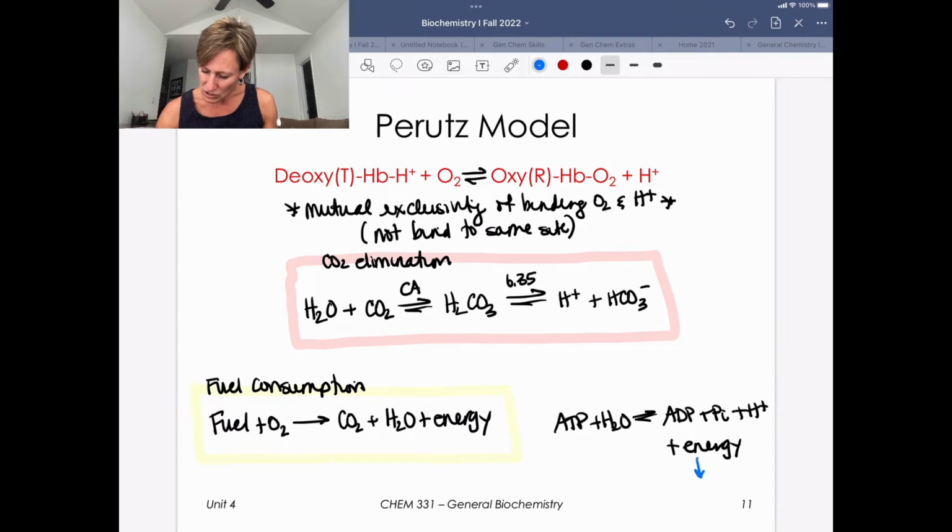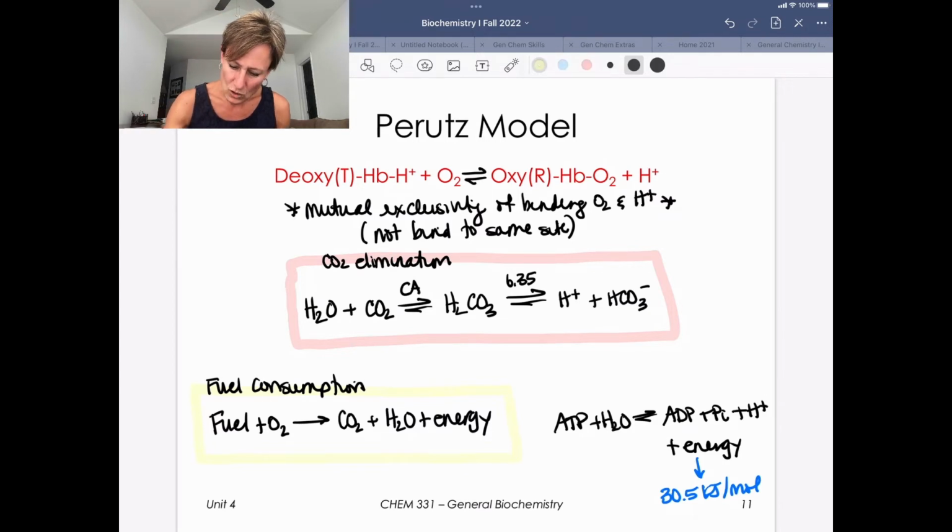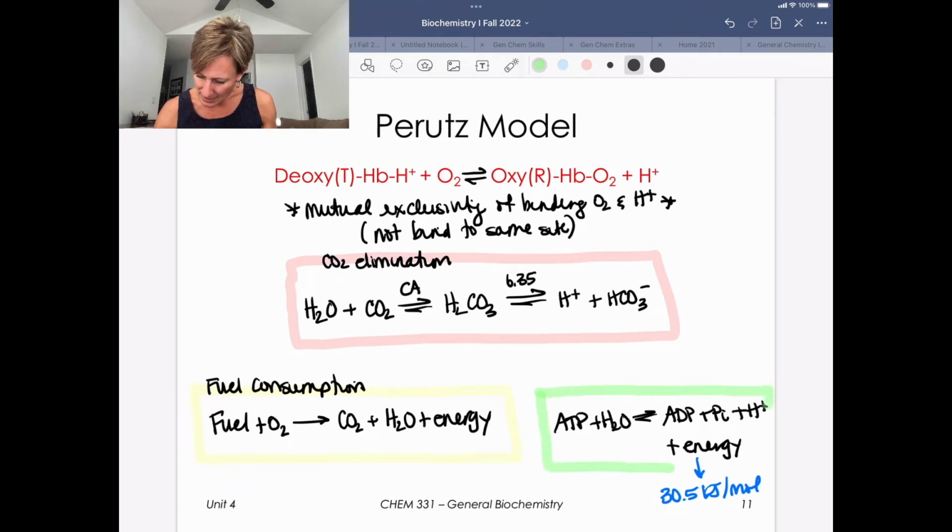And we know that energy to be 30.5 kilojoules per mole. So this is the process that happens during exercise. So I'm going to highlight this and highlight that this is what is happening during exercise.